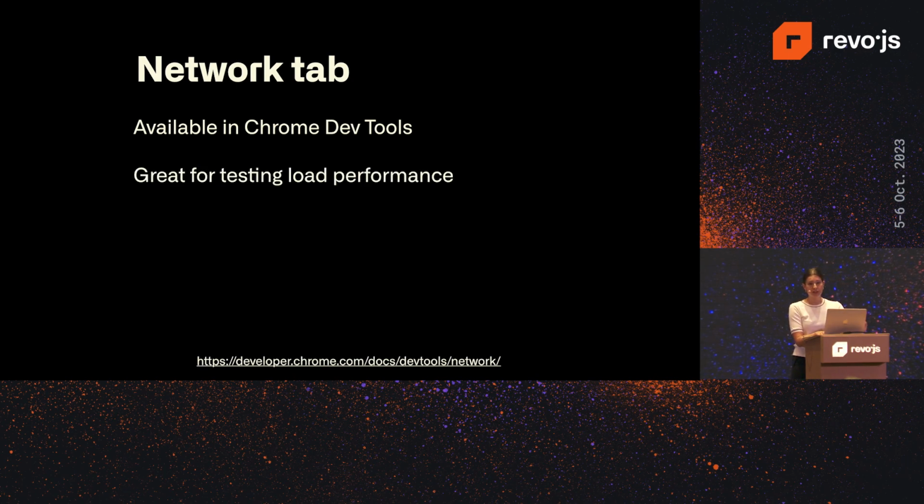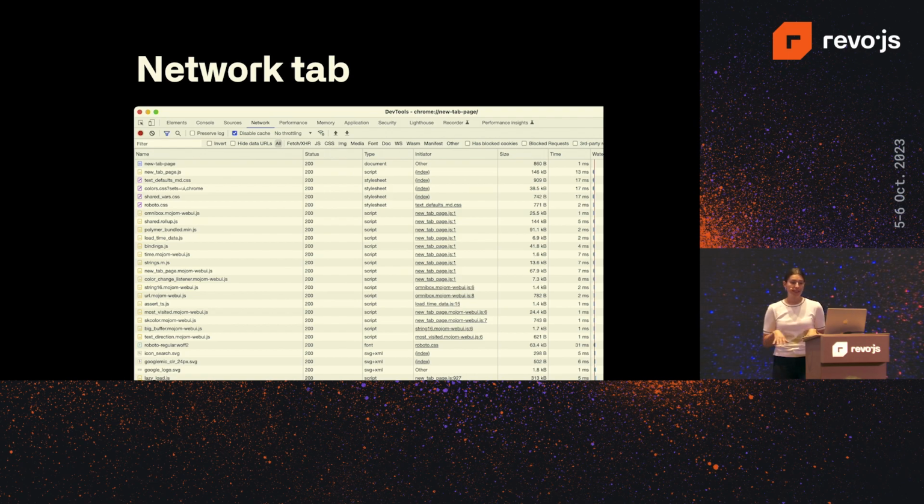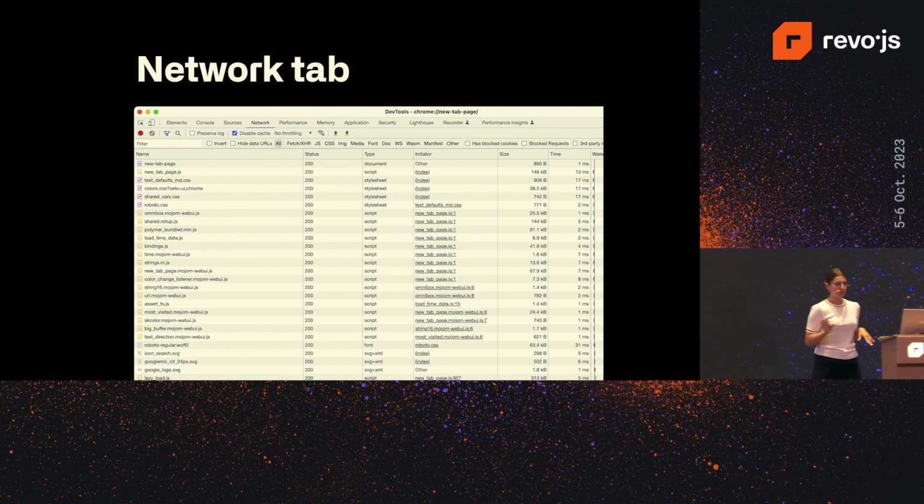It's great for testing load performance, so how fast your things are loaded and showing up to the user. And it is the most useful tool. Honestly, if I was to use just one tool for testing performance, that would be the Network tab. But the setup is the key. That's why we're going to have a small demo later, and we're going to try to see what all these controls are doing, and how you can use some things in there.